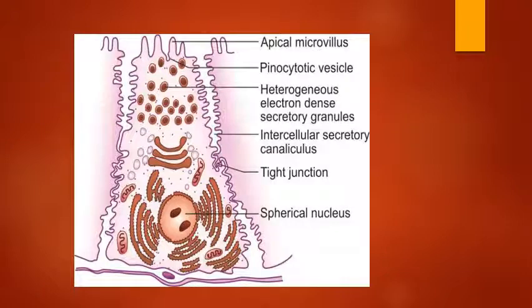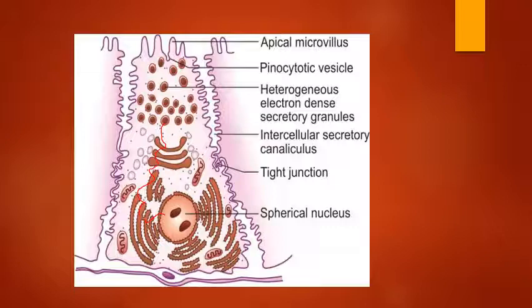So this is another very good picture of a serous cell, in which you can see the spherical nucleus and all. From here the messenger RNA travels towards the rough endoplasmic reticulum, and from here it travels towards the Golgi apparatus, and from the Golgi apparatus the granules travel toward the lysosome.